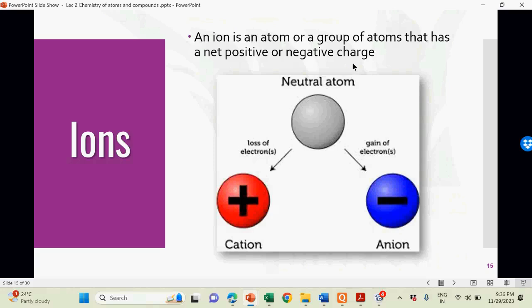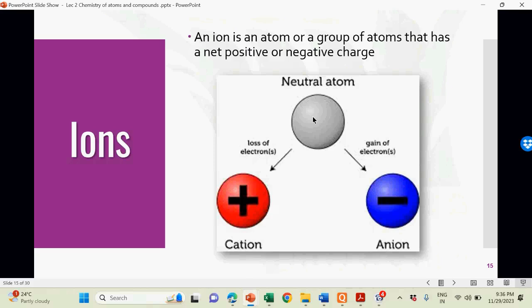Okay? If we assume this is the chlorine atom, because it is in group 7 vertically, it has a tendency to accept one electron to reach the stable configuration of the noble gases. So it has the affinity to accept electrons.